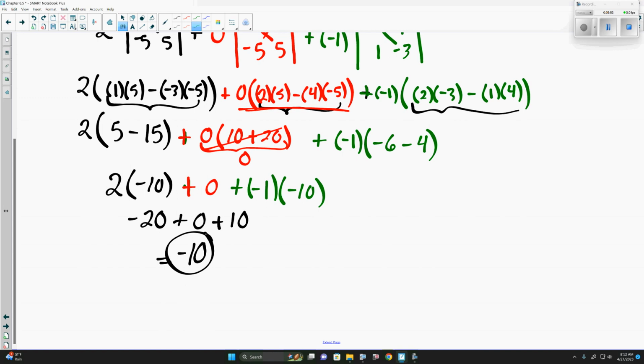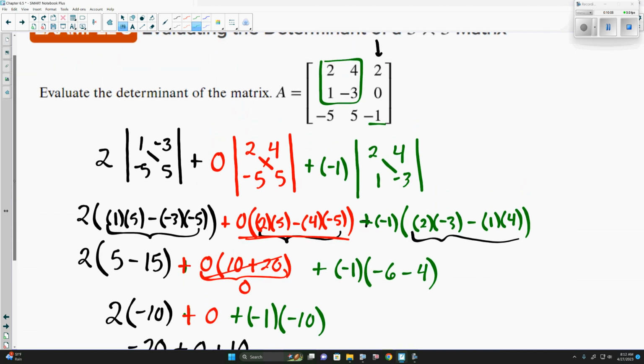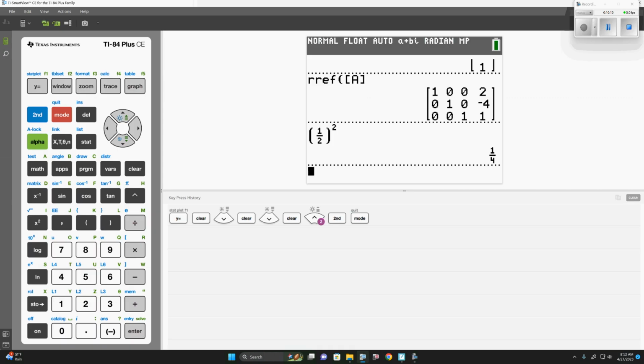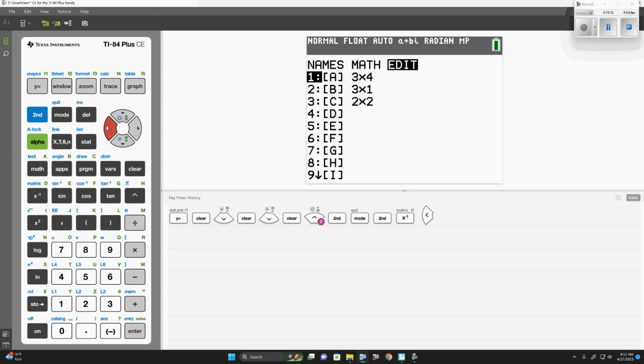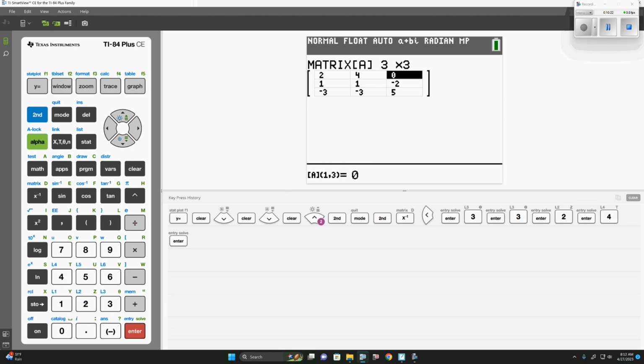So if I walk you through this correctly, the determinant is negative 10. Questions on this here? Or, with any of these, we could type it into the calculator. So we have a 3 by 3. I think it was 1, 2, 1, 2, 4, 2, followed by 0.